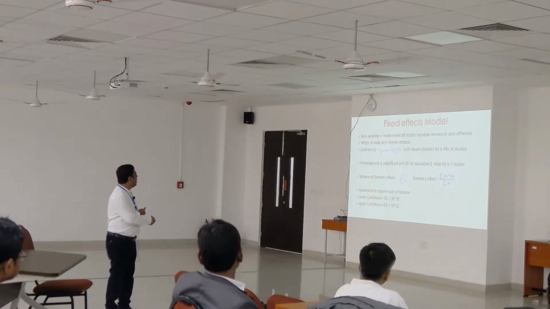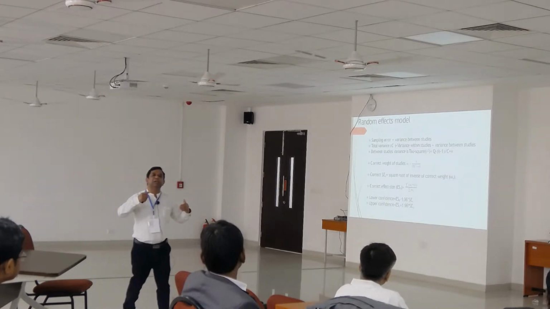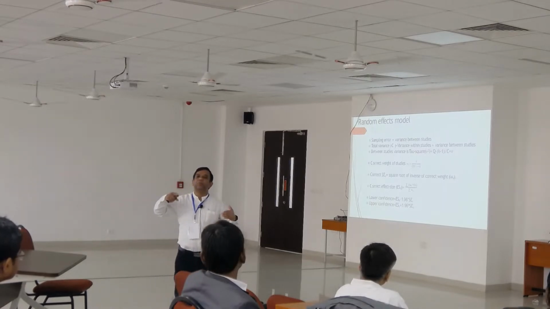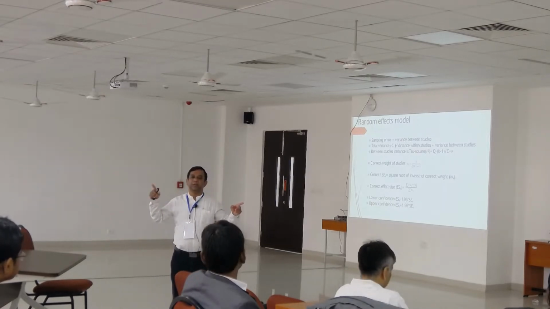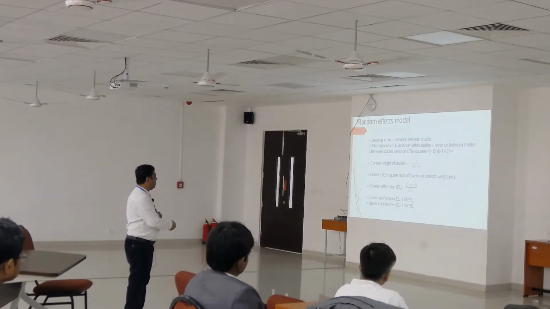If the heterogeneity is less than 50%, we use this formula. If it is more than 50%, we have to adjust, because definitely there is variance coming from between the studies. So that variance is also added here, and then we calculate using this formula.